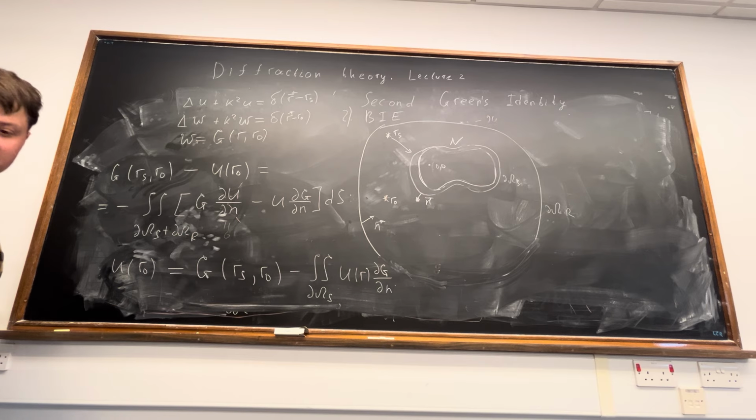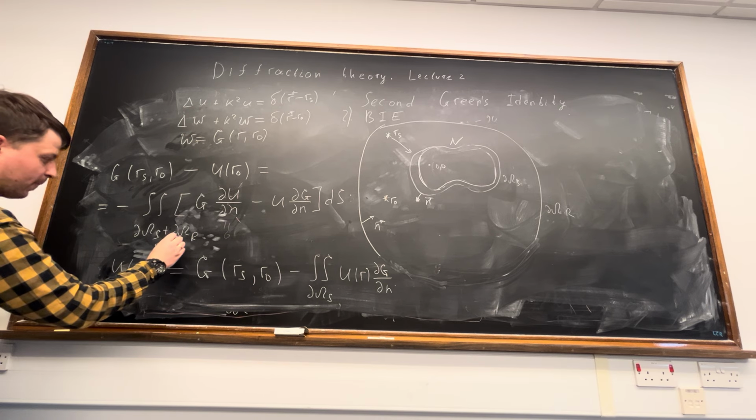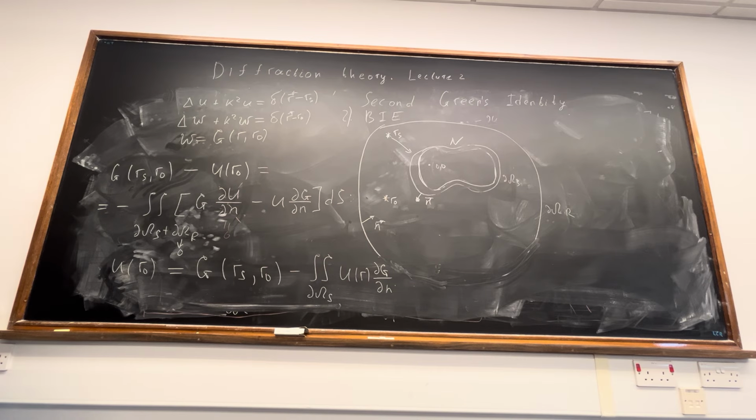This one tends to 0 because of the radiation condition. That's something, of course, you need to check, but you can either believe me or check yourself. Now you have all the tools.